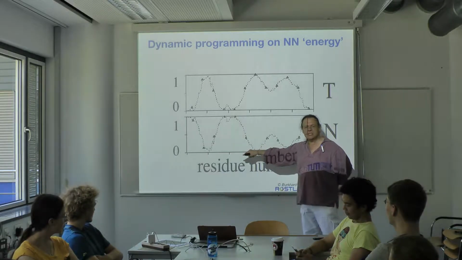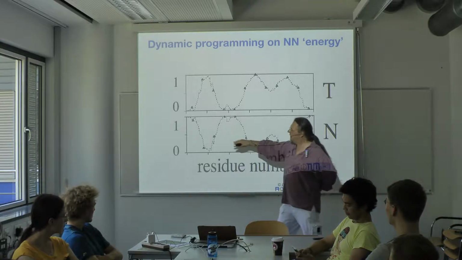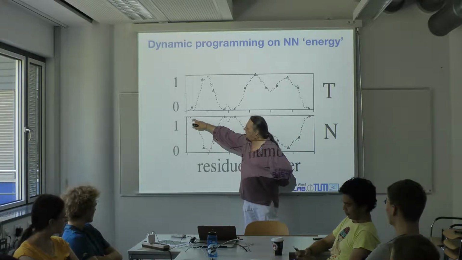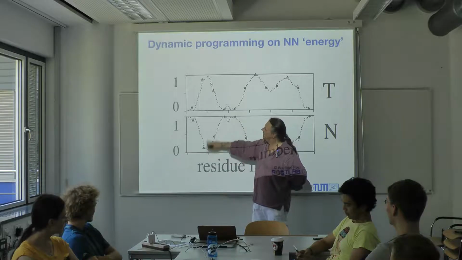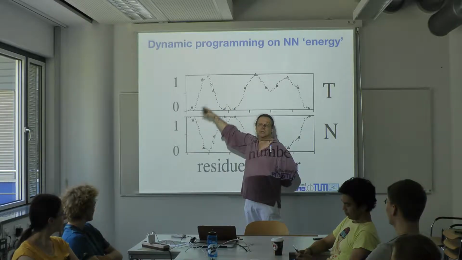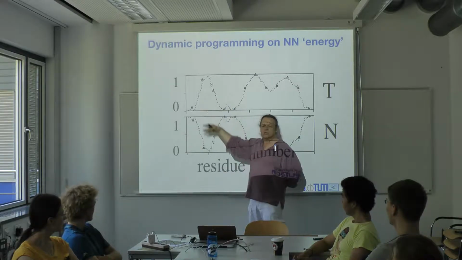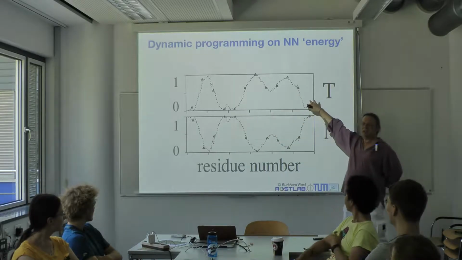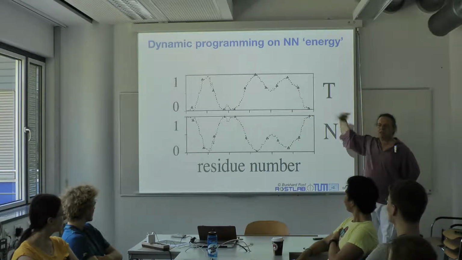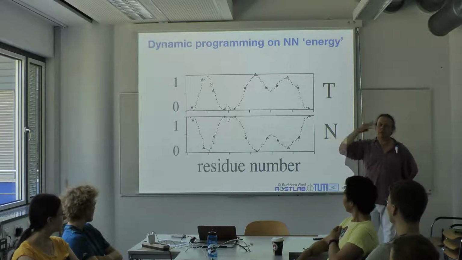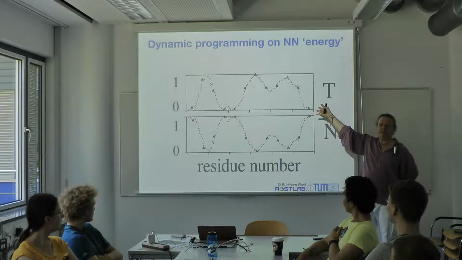For every single residue, I have a probability of predicting that it is non-transmembrane. It's high, that goes down. This one goes up. They are mirror images, one minus the other one, right? So now you can take the transmembrane unit and perceive it as like an energy or a probability for forming transmembrane helices.